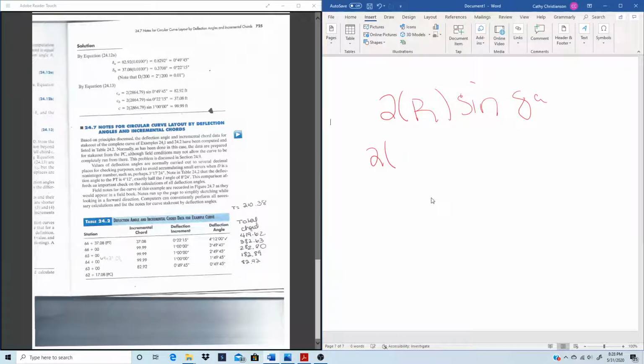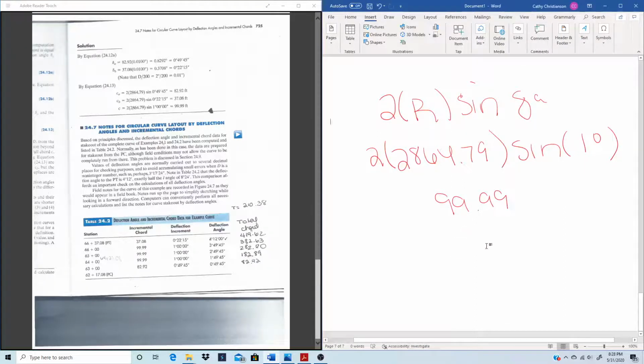So 2 times 2,864.79, and then sine 1 degree. When you put that in, you get 99.99. So then you would come back and line through the 3 that were 100 and put the 99.99. So I'll work another problem from beginning to end out of the end of your chapter and show you how to set that up as well.